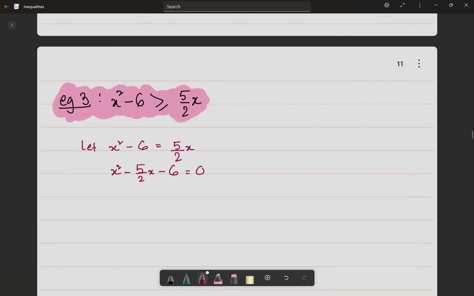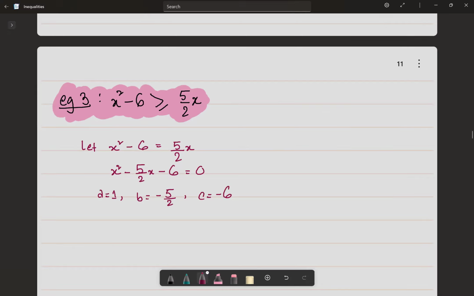So my value of a is 1, b is negative 5 over 2, and c is negative 6. If I am using the quadratic formula, this negative 5 over 2, or any kind of fraction, is not a problem for us. We can substitute it in the formula directly.